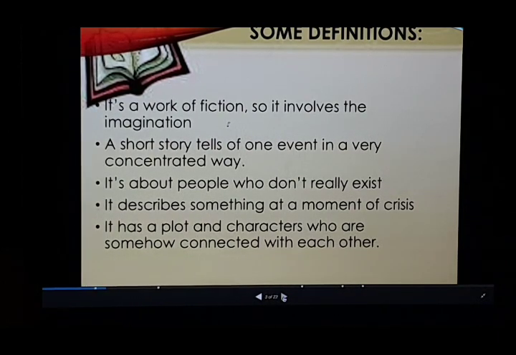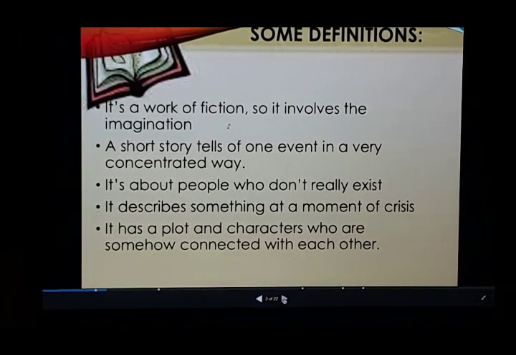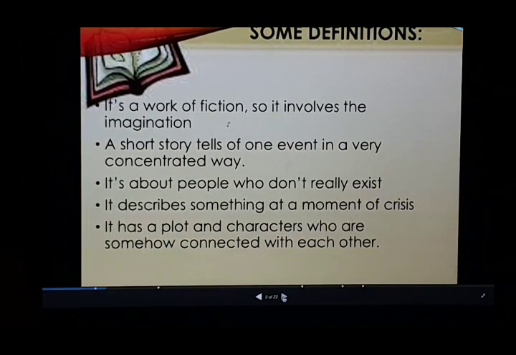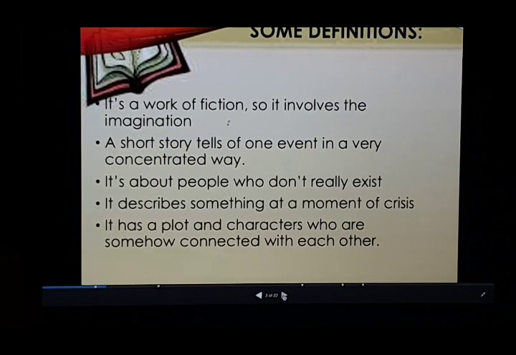It's not based on true facts. So it is all imaginary, and it can revolve around one event or situation, and it's about people who don't really exist. And it can sometimes describe something at a moment of crisis, like there are some crucial points, there is some crisis in the story.